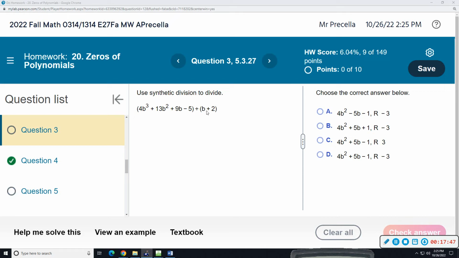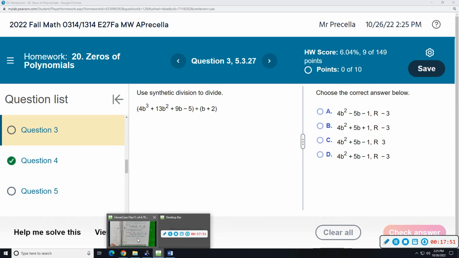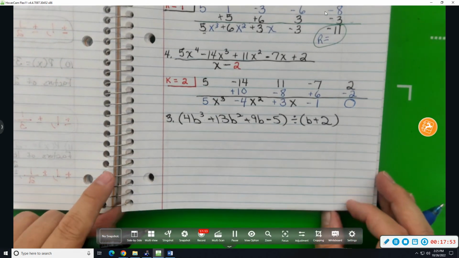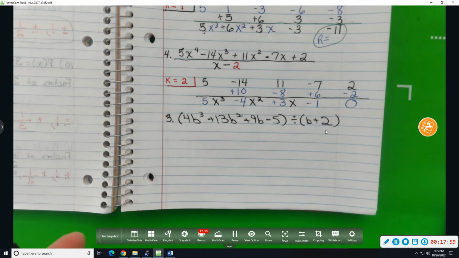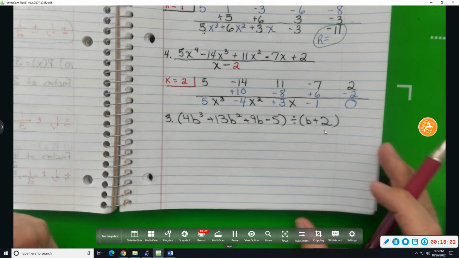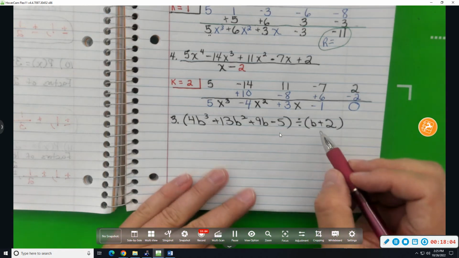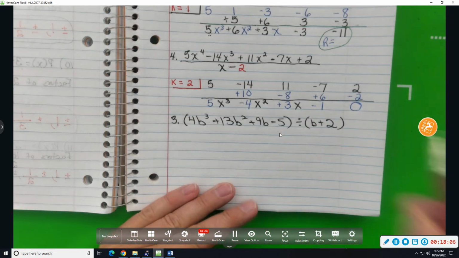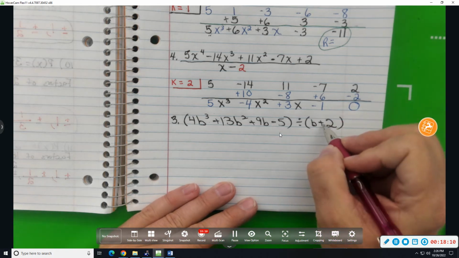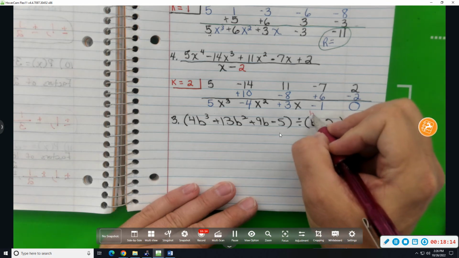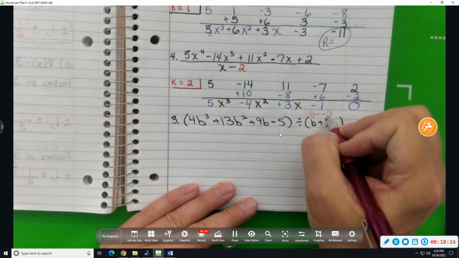Okay, let's switch over. I'd said that the divisor had to be in the form x minus, or in this case b minus, and this is b plus 2. But it falls out very nicely. Realize b plus 2 is the same thing as b minus a negative 2.